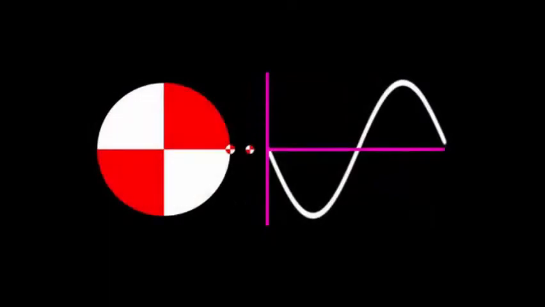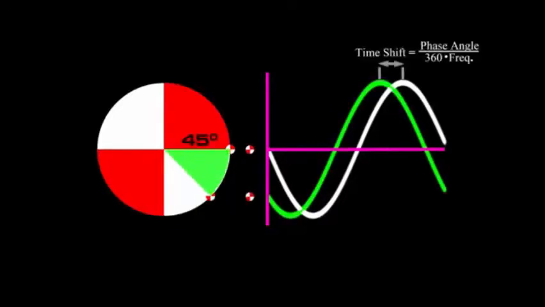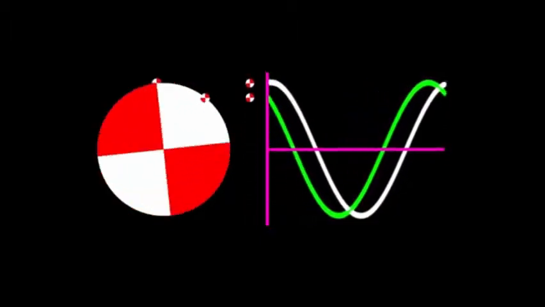Let us consider the phase of a wave. In this case, the wave is frozen at time zero. The phase angle is zero at time zero. However, if we apply a 45-degree phase lag, we see that the wave is effectively time-shifted, specifically delayed by 1/8 of its original period.